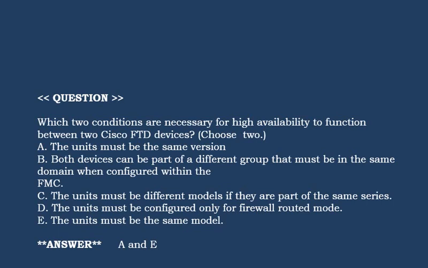Option C. The units must be different models if they are part of the same series. Option D. The units must be configured only for firewall routed mode. Option E. The units must be the same model. Correct answer is option A and option E.